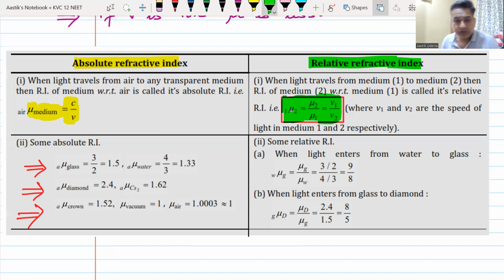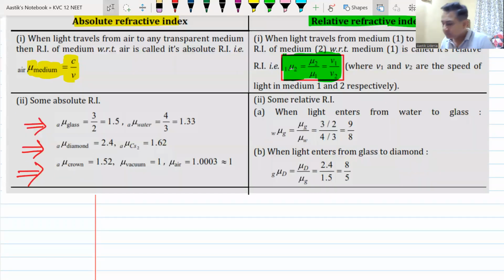Okay. Now, you can just note down one more formula from here. And remember, it's all about formulae in this chapter. So I'll just give you one more, relating your mu with one more thing.